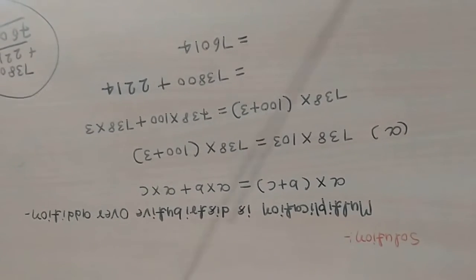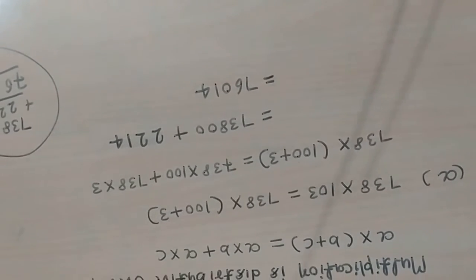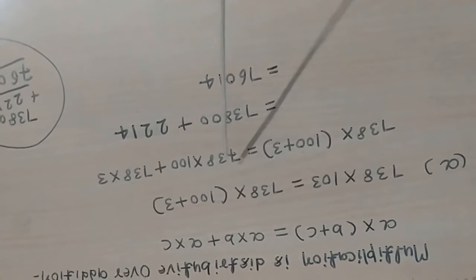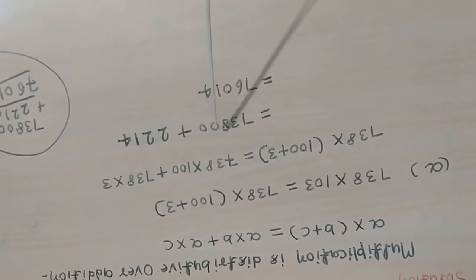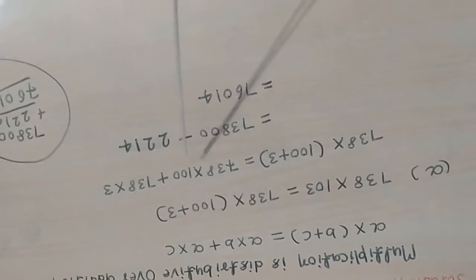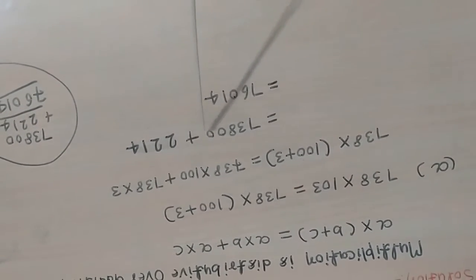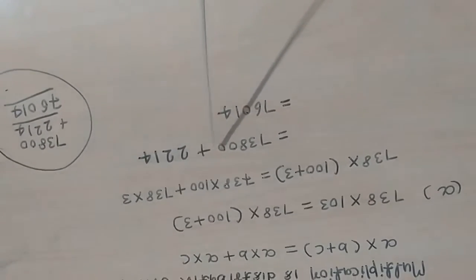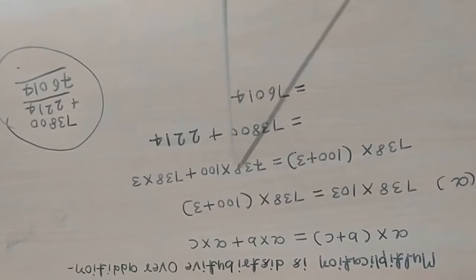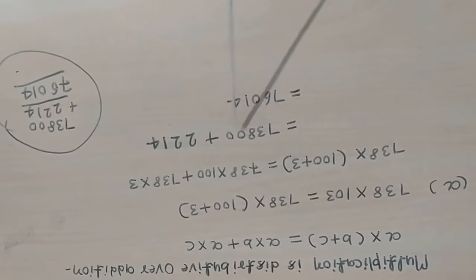738 into 100: we write 738 and this is multiplied by 100, so we write two zeros. So it becomes 73,800. The multiplication of 738 into 100 is equal to 73,800.